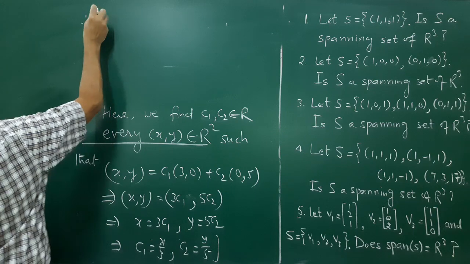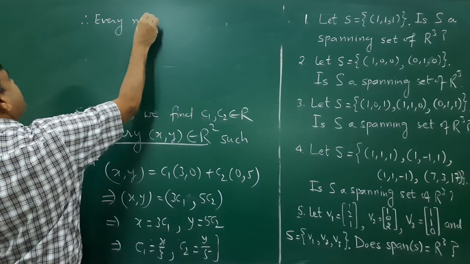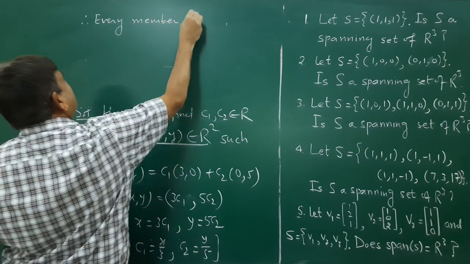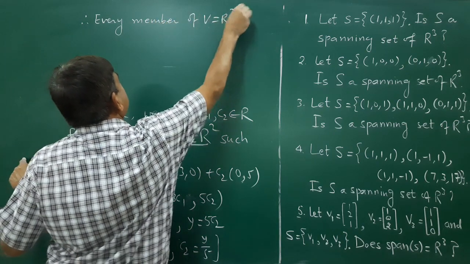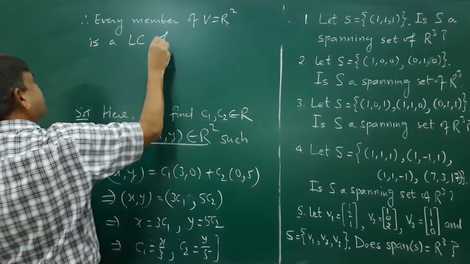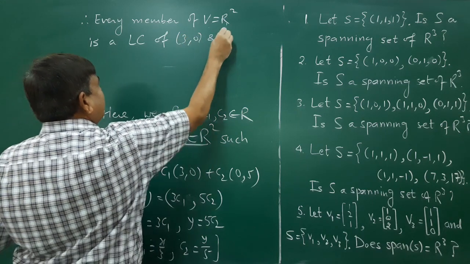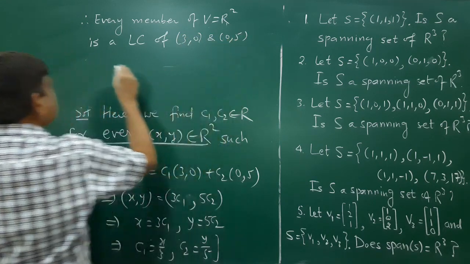Therefore, every member of V, R square, is a linear combination of 3, 0 and 0, 5.